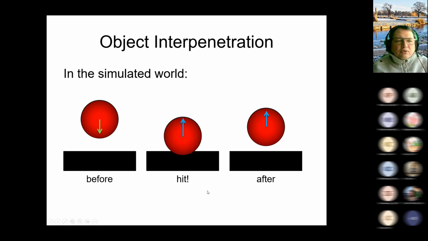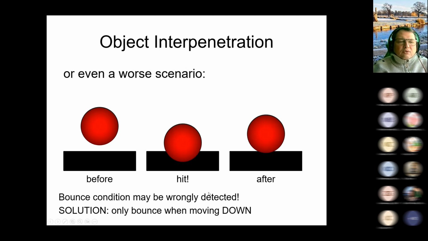And therefore it may happen that the situation will be like this. The final frame before the collision catches the object just above, it's still no collision, so the ball is flying down. Then the next frame is already overlapping the floor quite significantly.